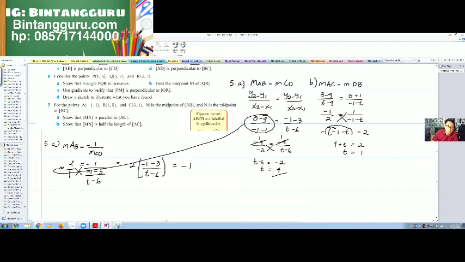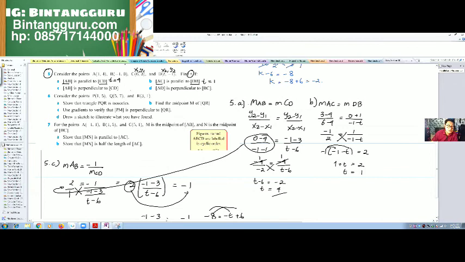Okay, and then we move this to the denominator. So negative 1 minus 3 over t minus 6 equal to negative 1 over 2. We could do cross multiplying. So negative 1 minus 3, negative 4, negative 4 times 2, negative 8 equal to negative t plus 6. So we move t equal to 6 plus 8. So t will be equal to 14.